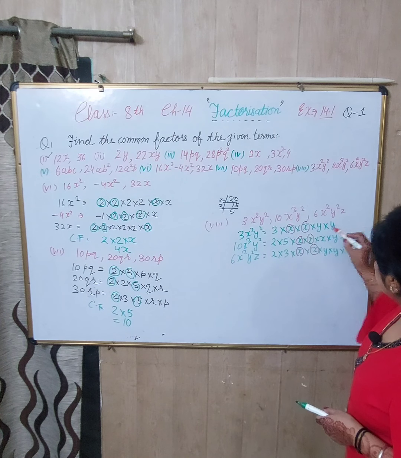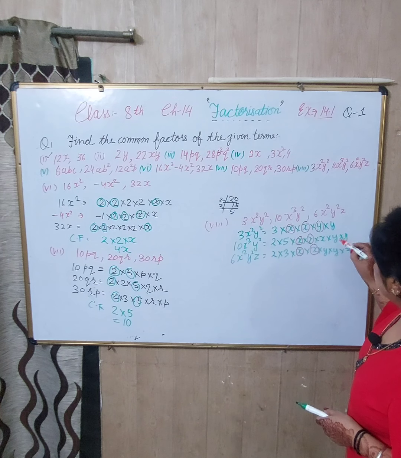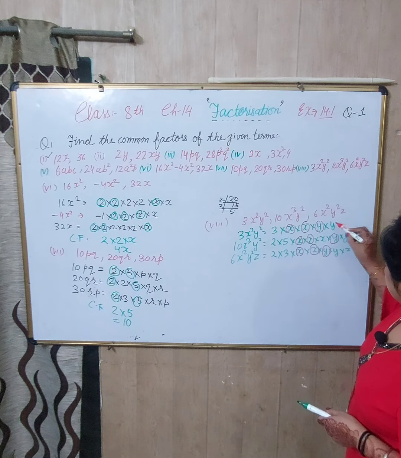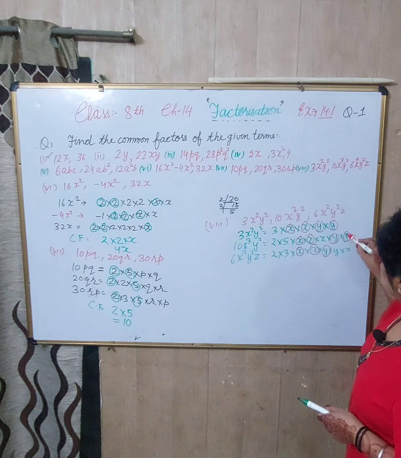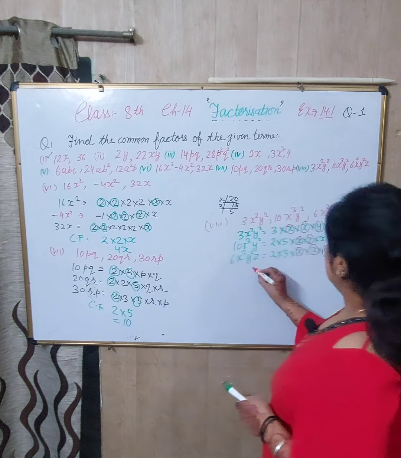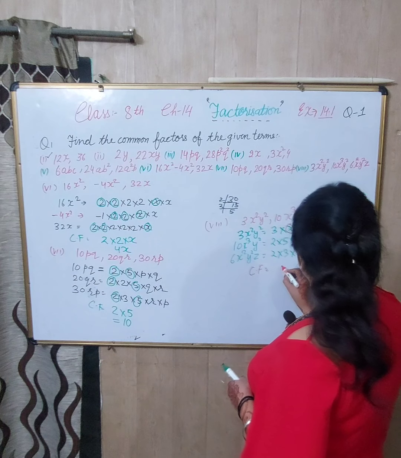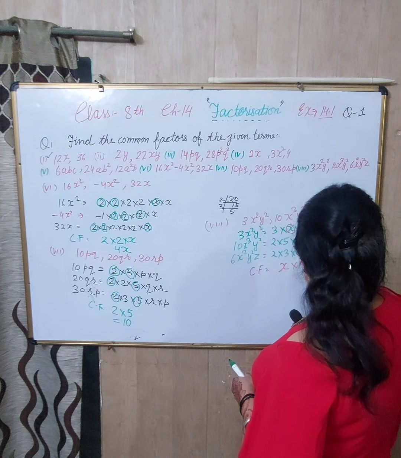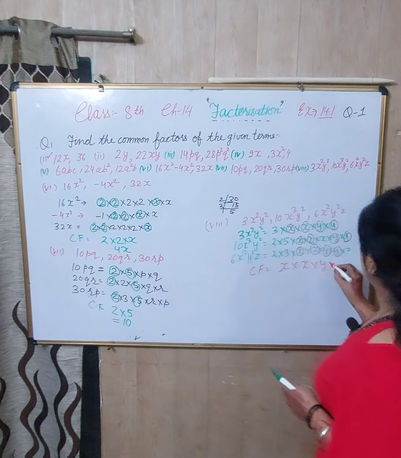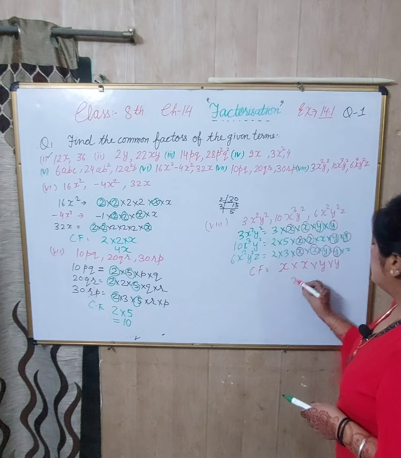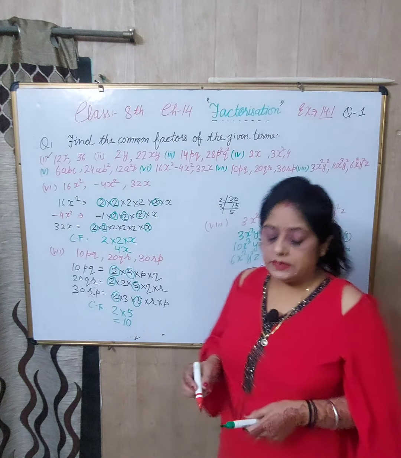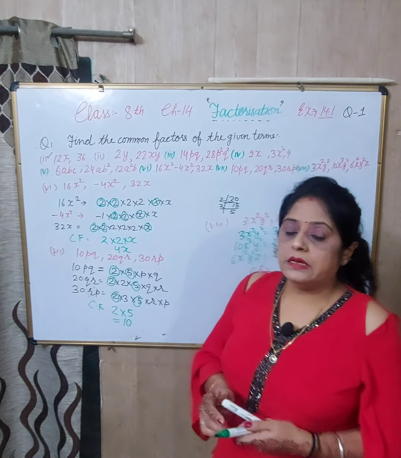See about y: here y and here y, this y is in all 3 terms. So your common factor is x multiply x, multiply y and multiply y. x square y square is the common factor of these.